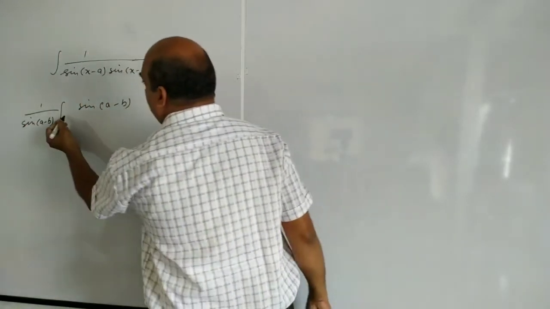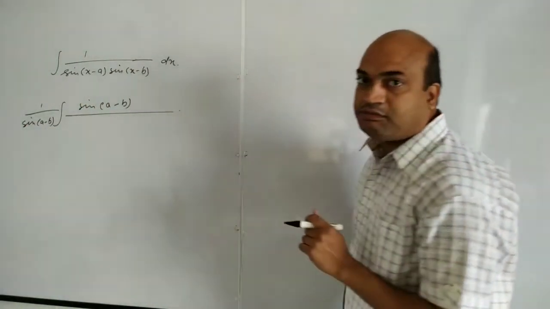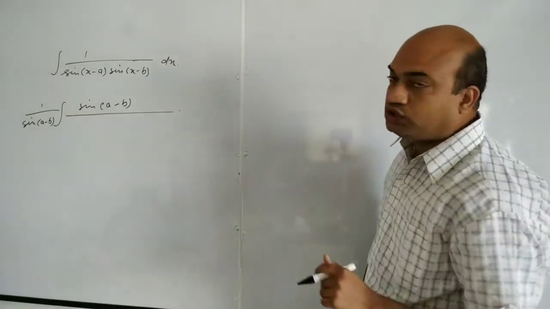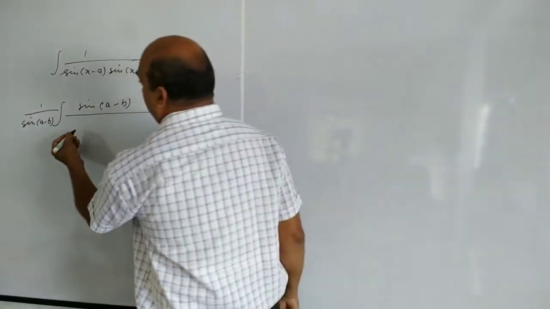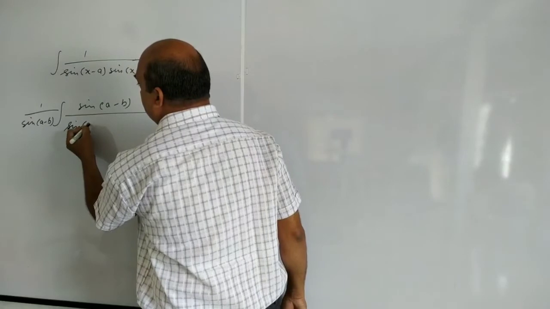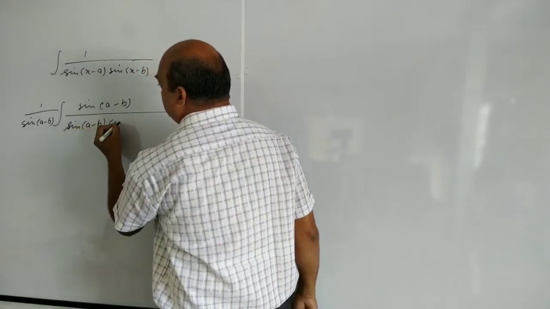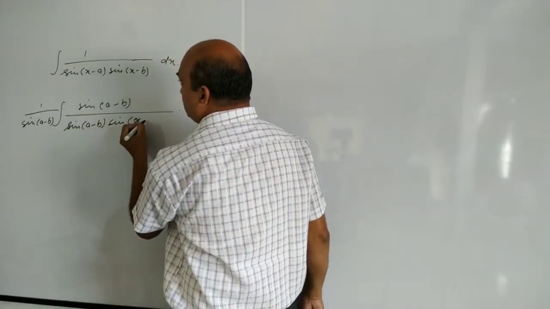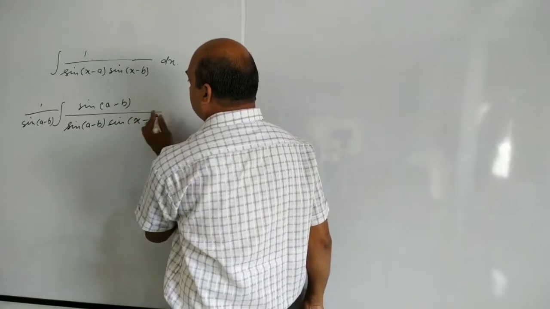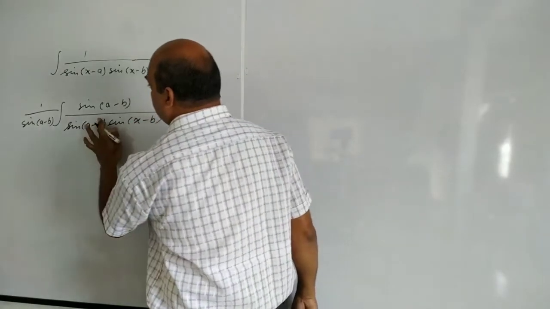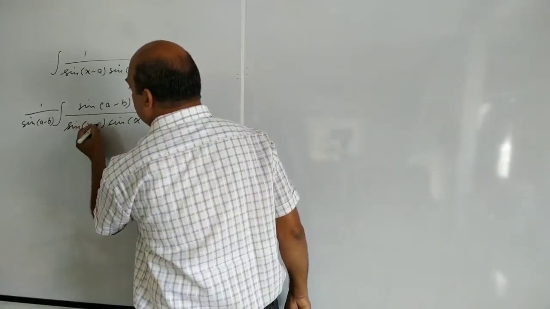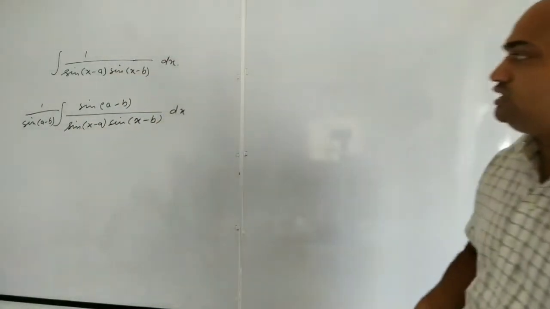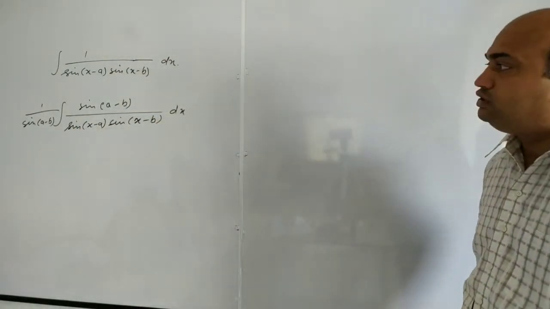You see, since sin(a minus b) is constant, it can be done in the same way. Now it will be sin(a minus b) into sin(x minus a) into sin(x minus b) dx, it will be the same.